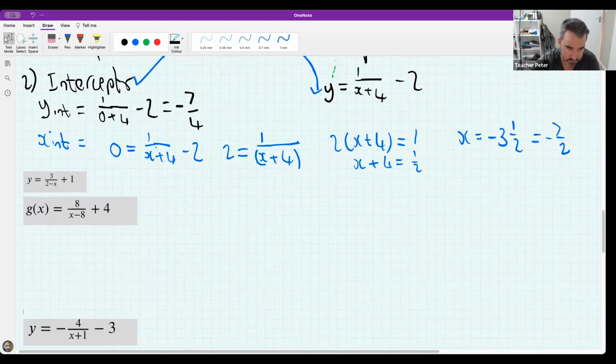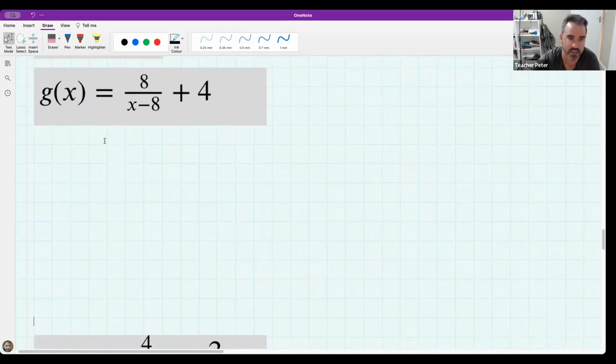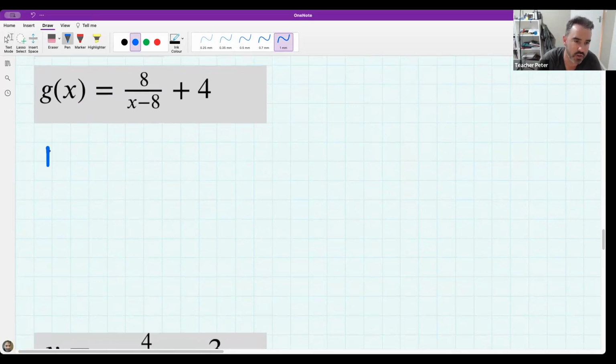So let's start with this one over here. I want you guys to tell me what are the asymptotes for g of x. What are the asymptotes for g of x? Write them in the chat.